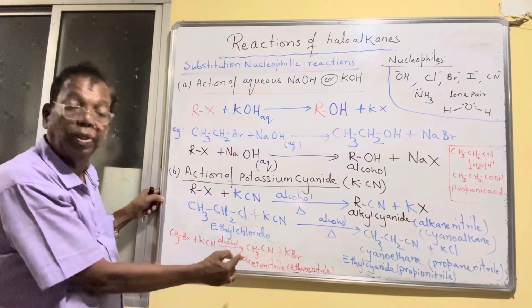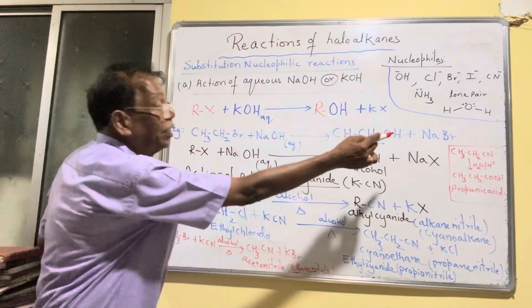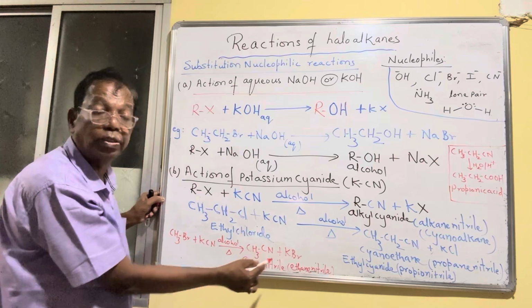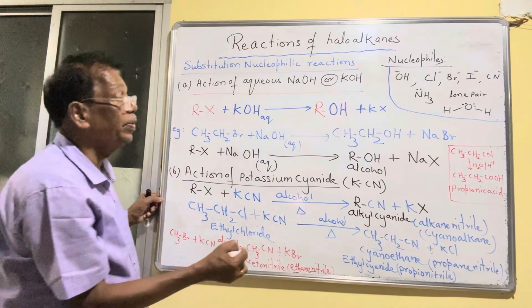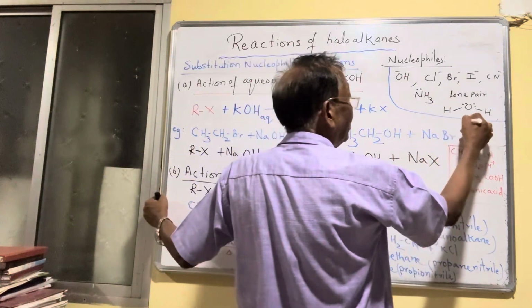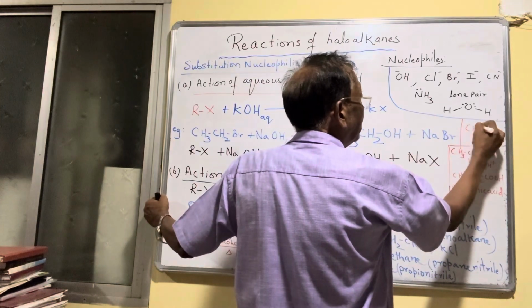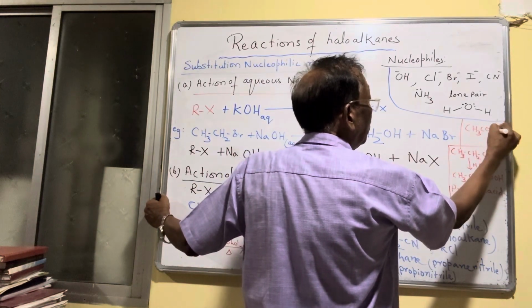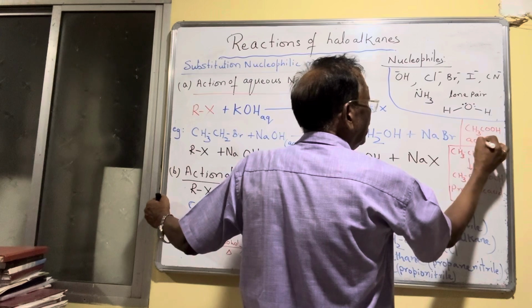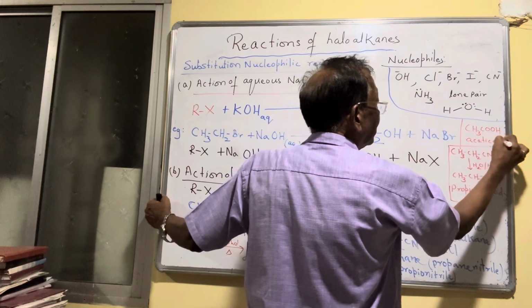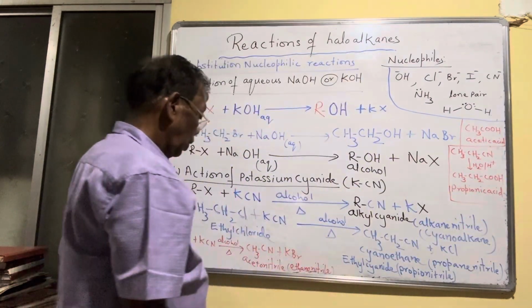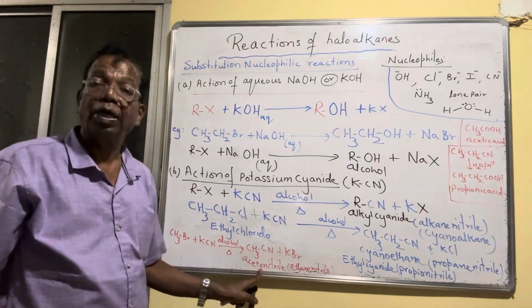You will get the acid CH3COOH from here. CH3COOH is called acetic acid. So what is done? The IC is removed and to that, onitrile is added.